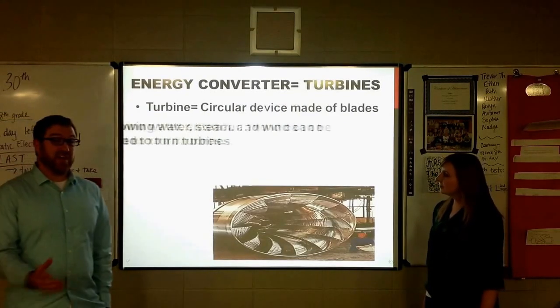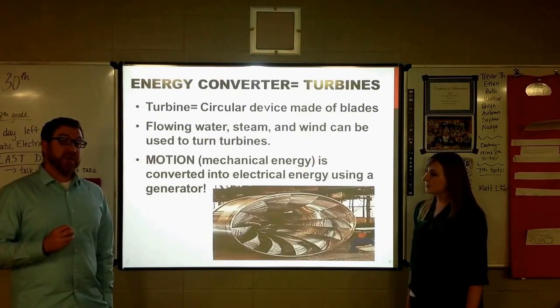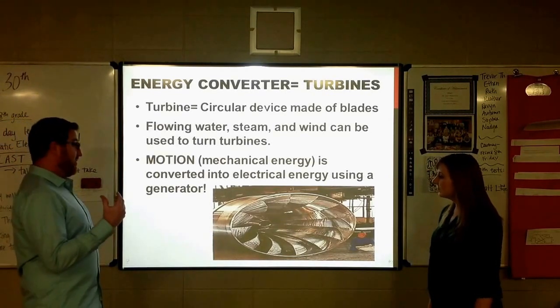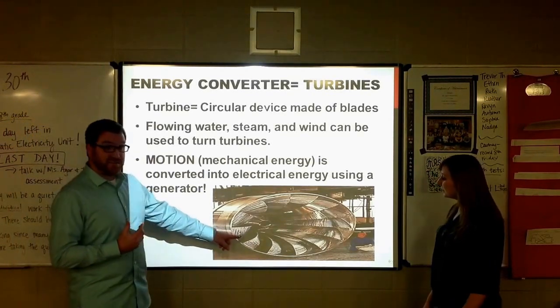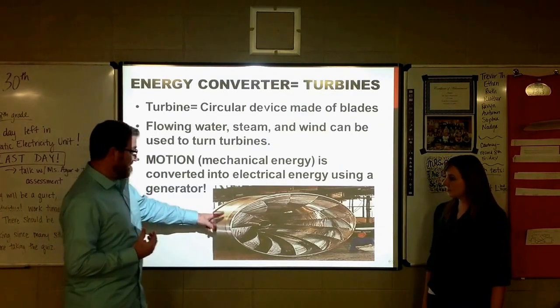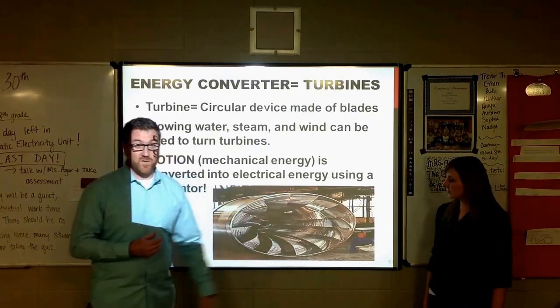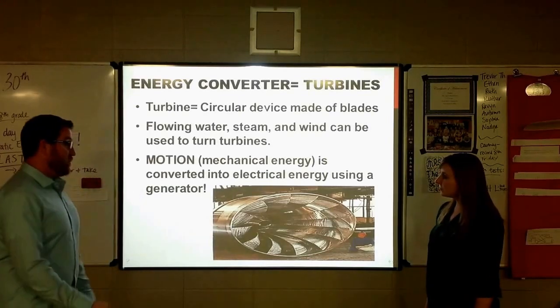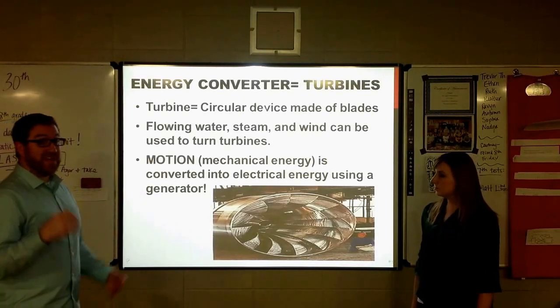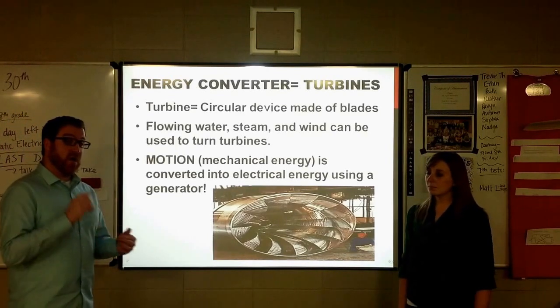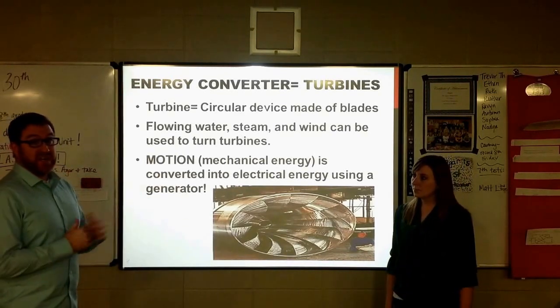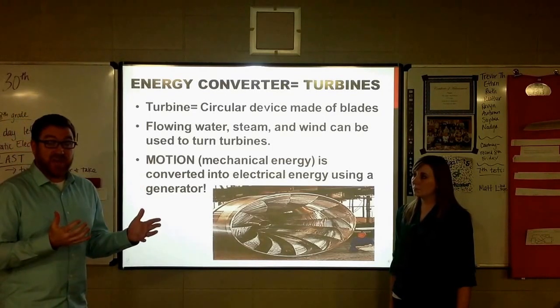One of the key elements for a generator is the turbine. Here we have a bunch of blades placed into a cylindrical or circular device. When we move things across those blades, like steam or water or wind, we can get that wheel to spin and create some mechanical energy.